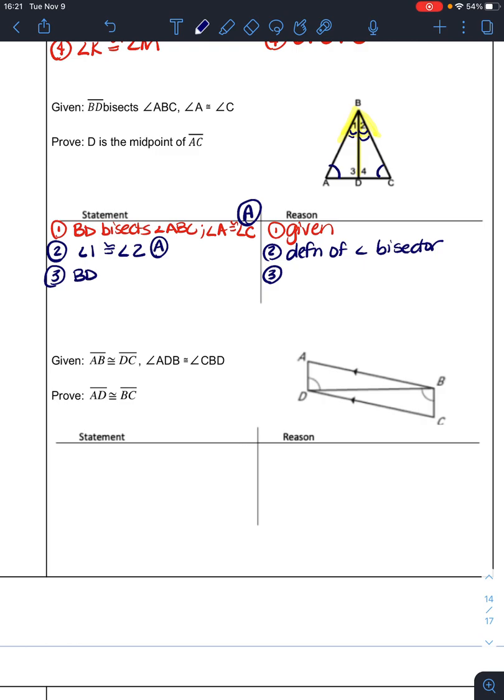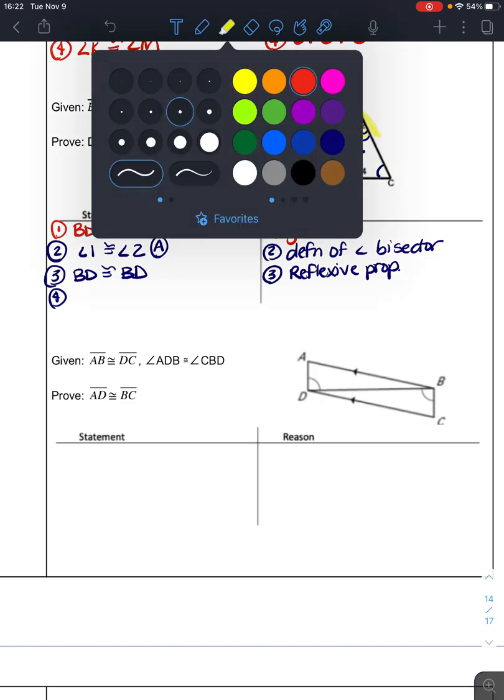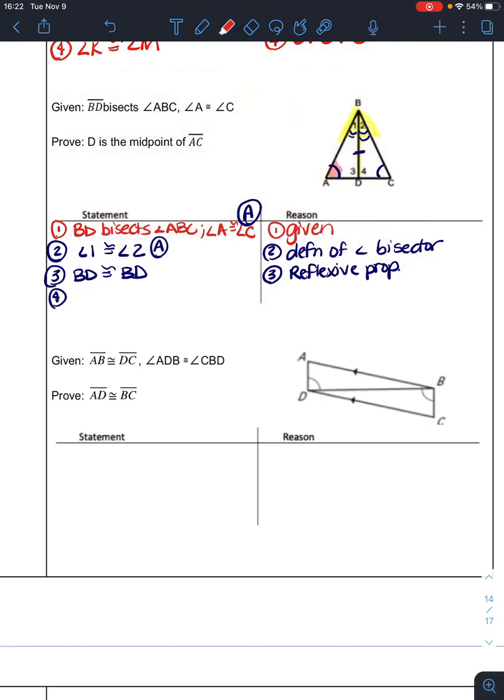So if we look, the easiest one is BD is congruent to BD. And in fact, that is the only thing that we can say at this point. BD is congruent to BD. That is the reflexive property. Okay, and then 4. So now I know BD is congruent to BD. So let's look at the pieces that we have.